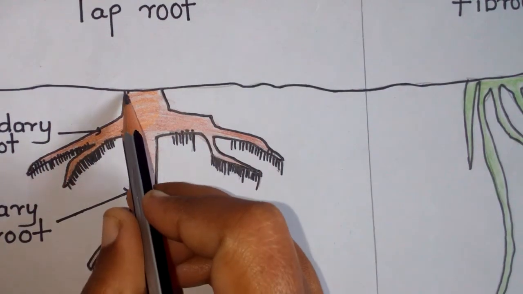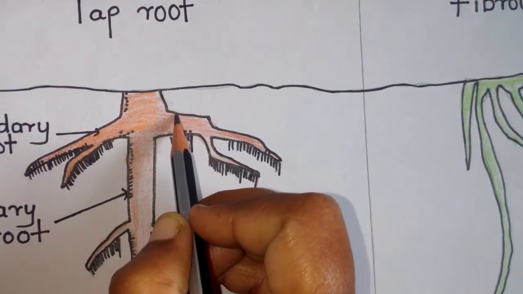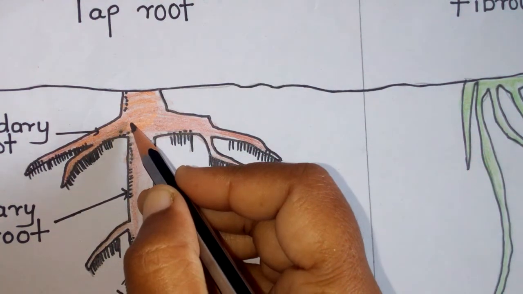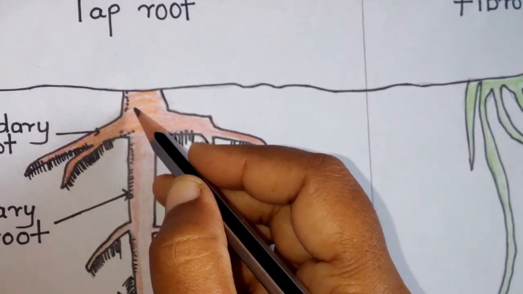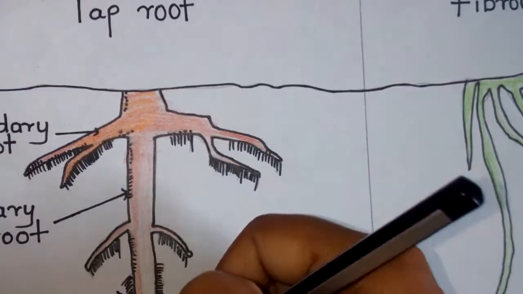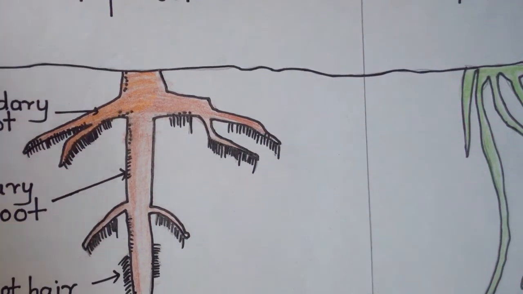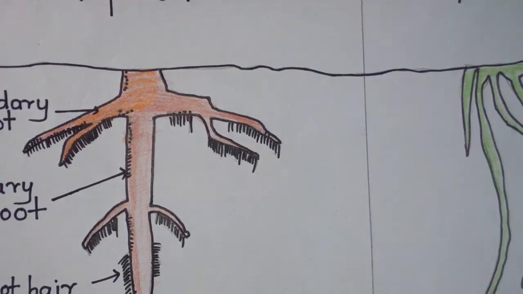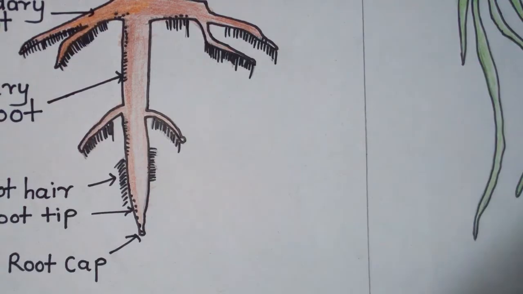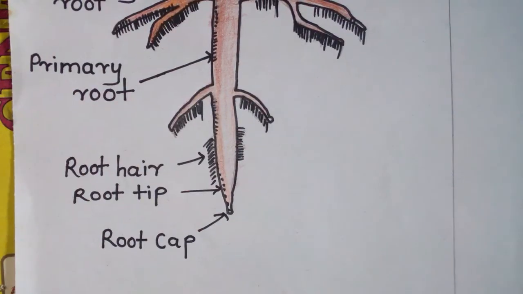If we dig up the soil around any plant, we see this part is thicker and on the downward side it becomes tapered or pointed. This part of the plant growing below the soil for support is called the root.